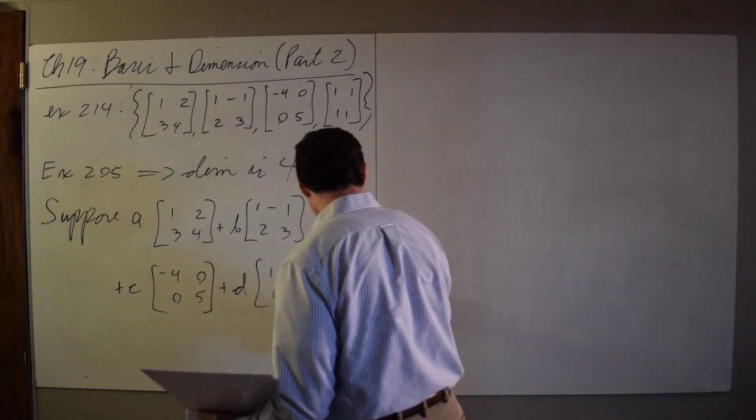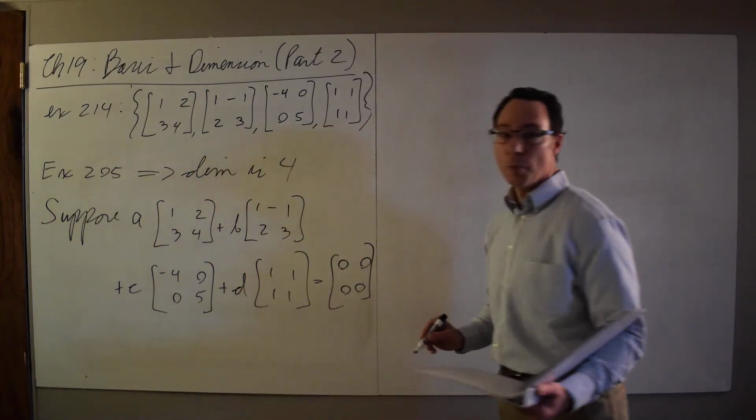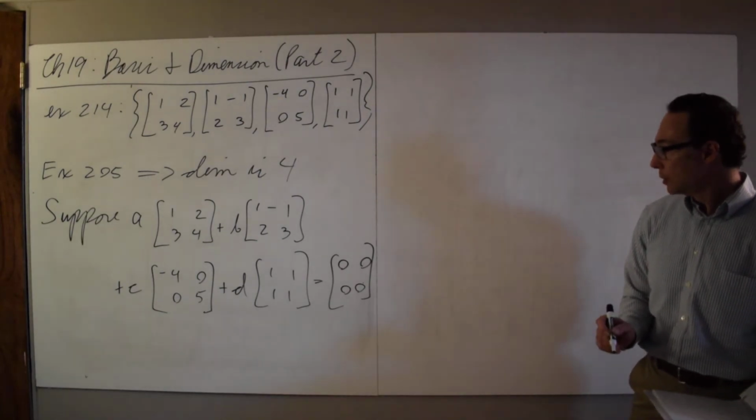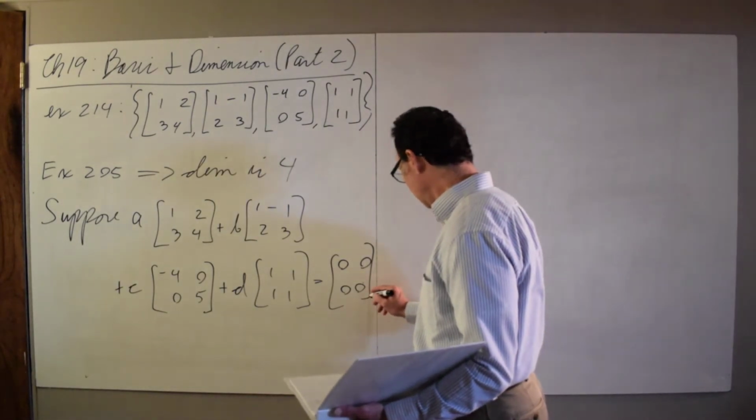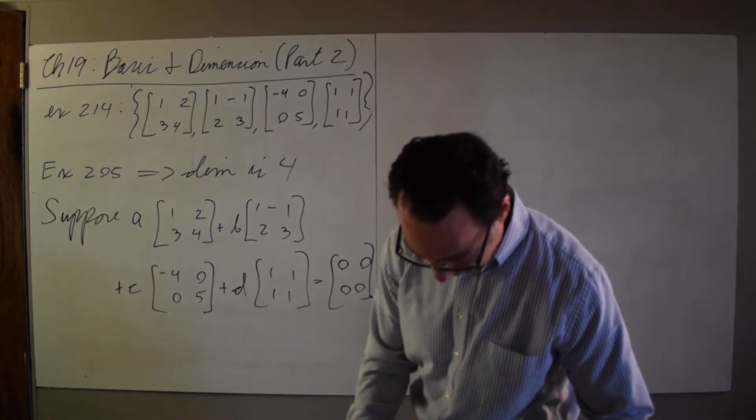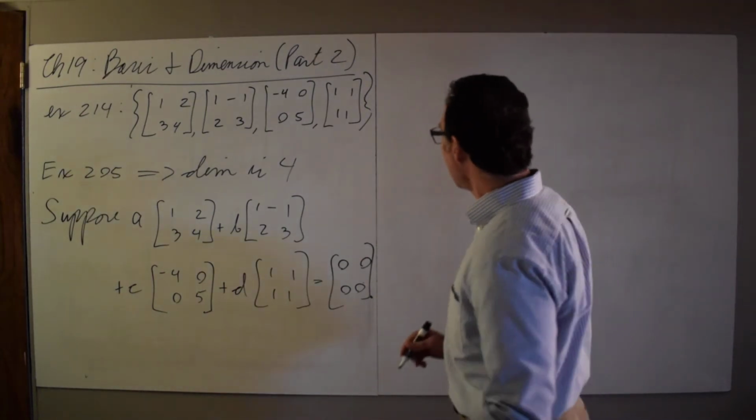The 0 vector in this space is the 2 by 2 zero matrix. So let's suppose this is true.